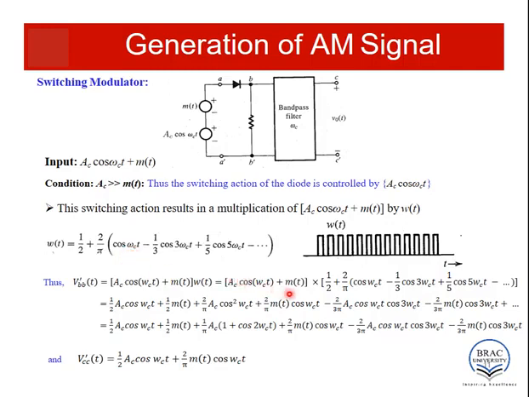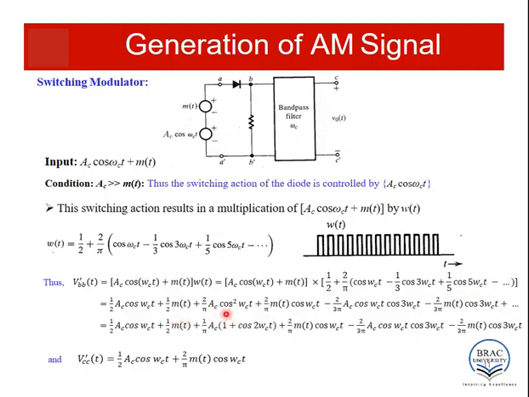Now we are replacing w(t) in this equation by this Fourier series expansion and we will get this. Now multiplying these two signals, we can reach this equation. Obviously, there are some other higher terms containing odd frequencies of ω_c like 5ω_c, 7ω_c. We are ignoring them because they will be eventually suppressed by a filter in the next stage.